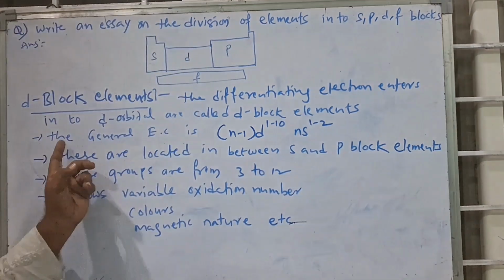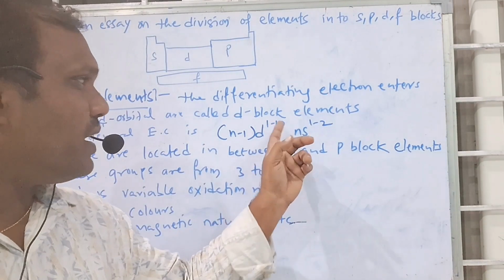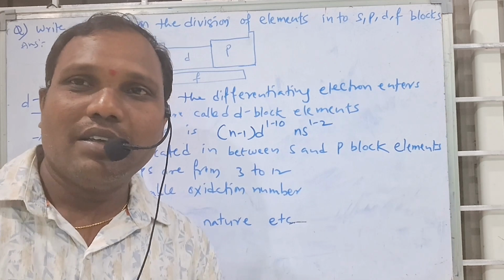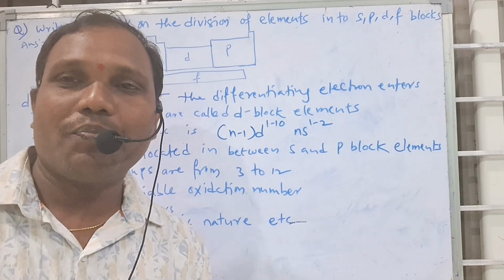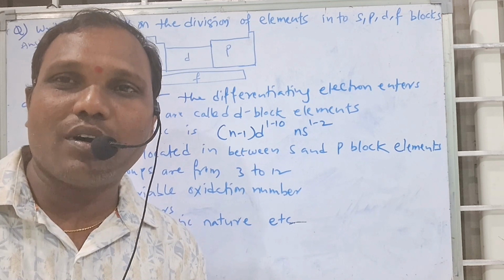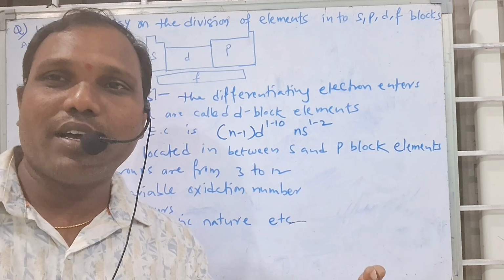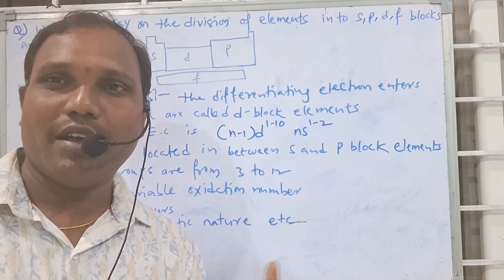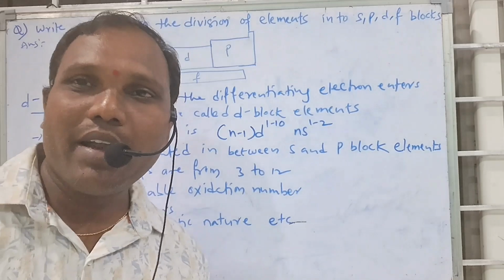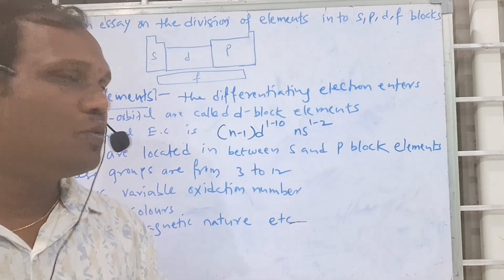The general electron configuration is (n-1)d1 to 10 ns1 to 2. (n-1) means the d orbital is present in the penultimate shell, that is, before the valence shell. Valency is n, that's why the penultimate is n-1. So the electron configuration is (n-1)d1 to 10 ns1 to 2.